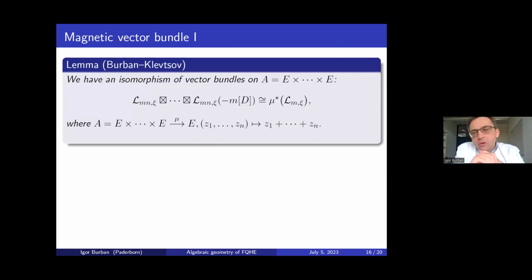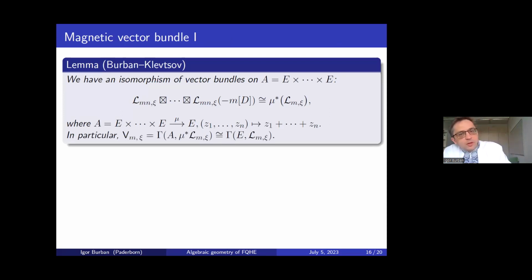The map mu assigns to a tuple of points on my abelian variety their sum. Now, again, an exercise in algebraic geometry makes it clear that the global sections of the pullback can be identified with global sections of the line bundle we want to pull back.